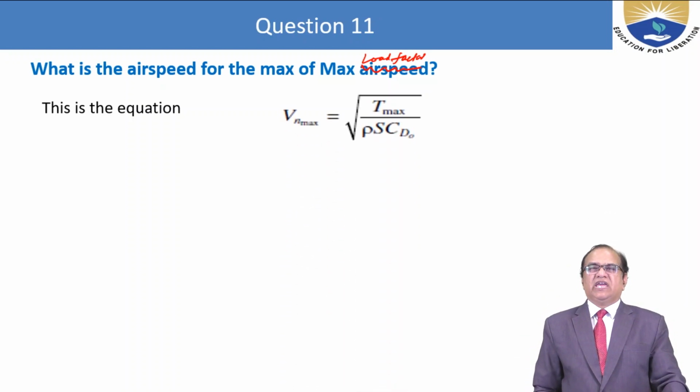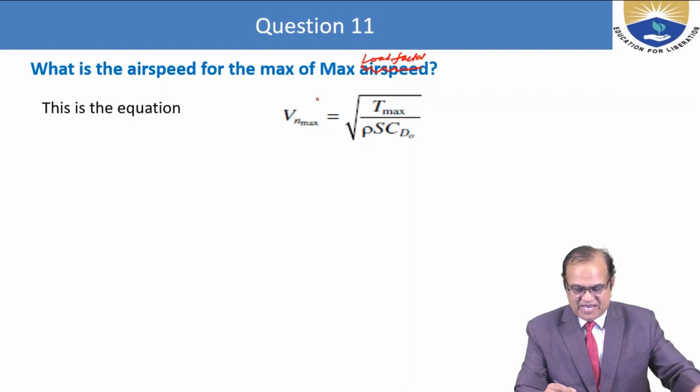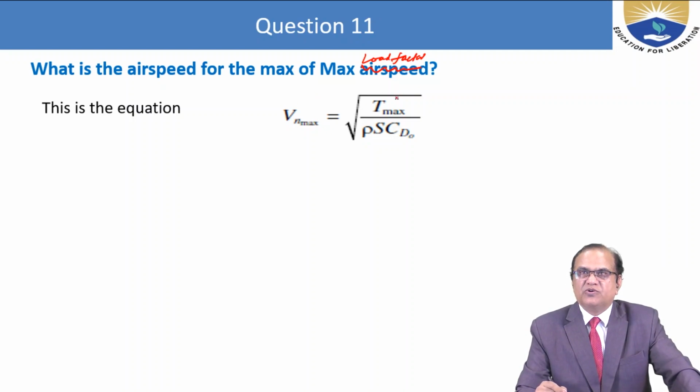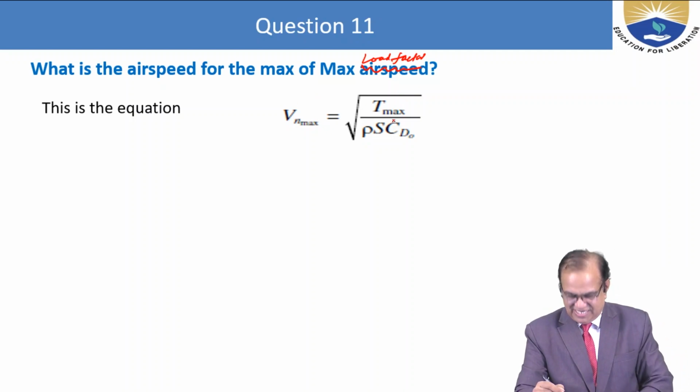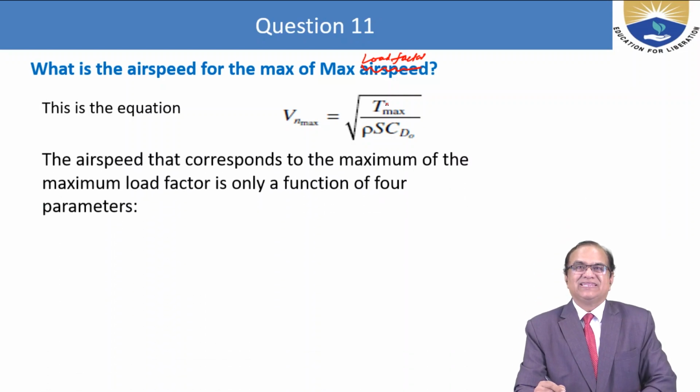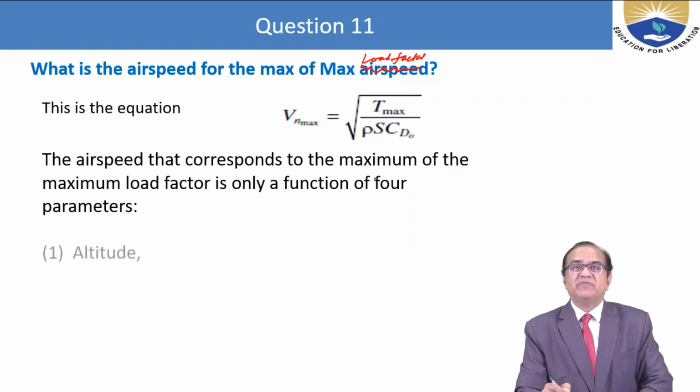So here we have the equation, the speed V_n max is equal to the square root of T max by rho S C_D0. The airspeed that corresponds to the maximum load factor is only a function of 4 parameters.